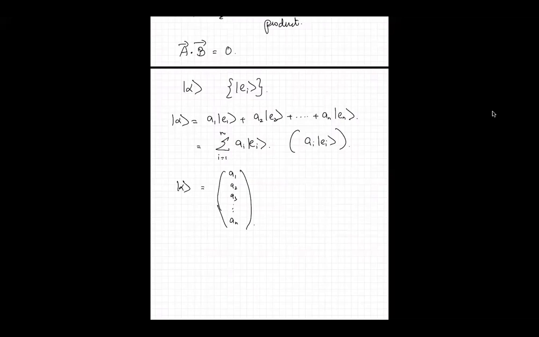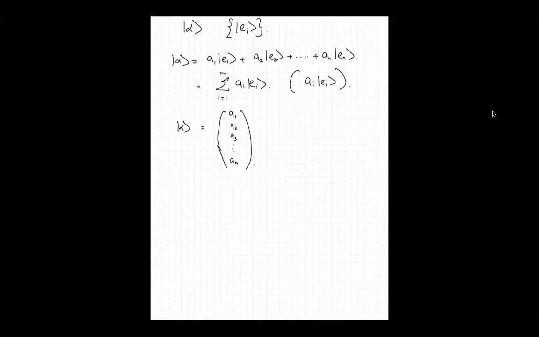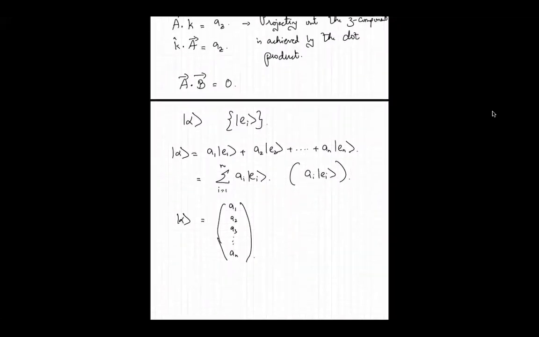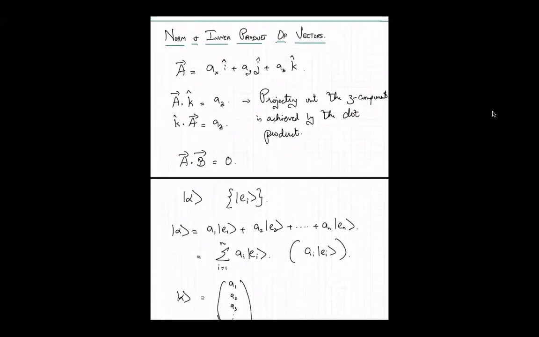I can write this alpha as an n-dimensional column vector with entries a1, a2, a3 up to an, the components of this vector. If I only know about column vectors, I cannot multiply vectors because I cannot multiply two column vectors to get another column vector.